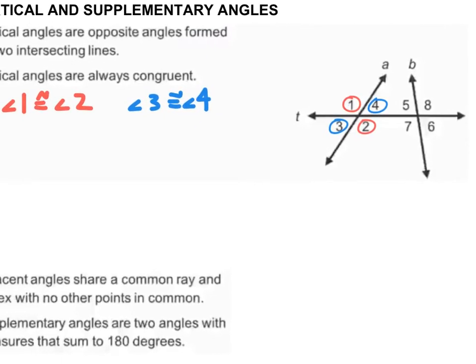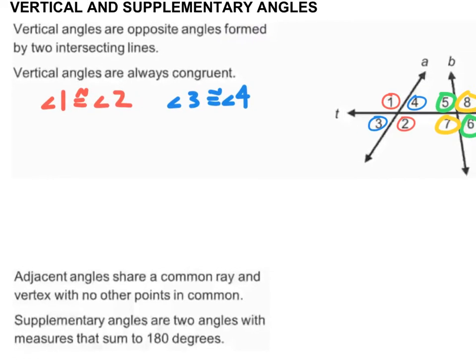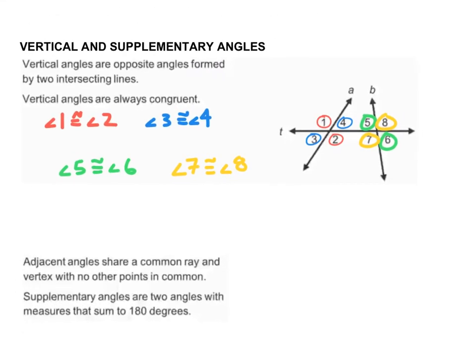If I look at 5, the one that's across from that is angle 6. If I look at angle 7, the one that's across from that is angle 8. So angle 5 is congruent to angle 6, and angle 7 is congruent to angle 8. Given this picture, I know that this is going to be true.